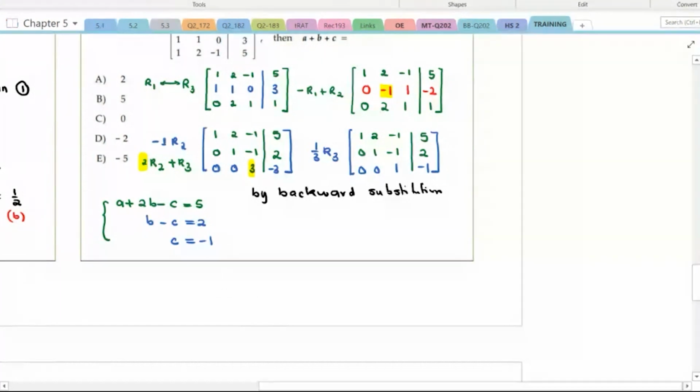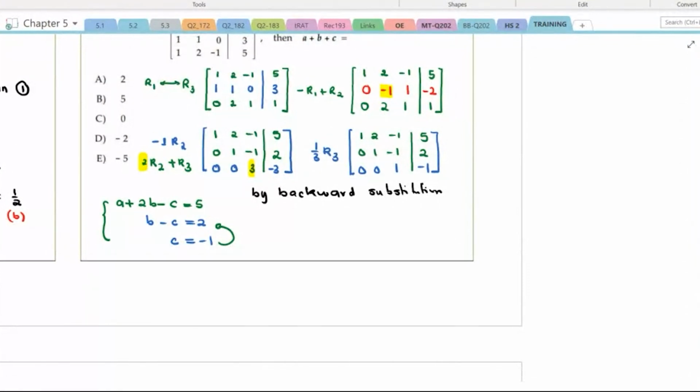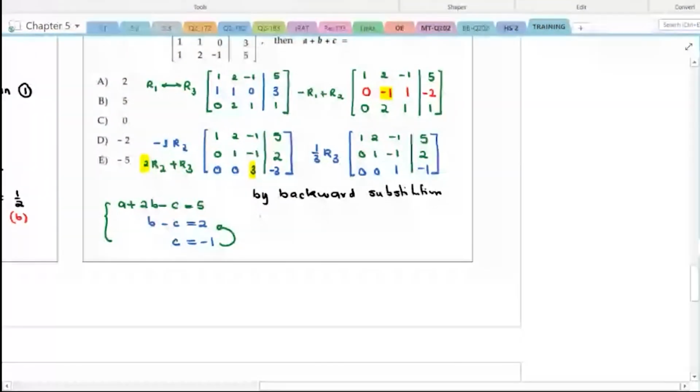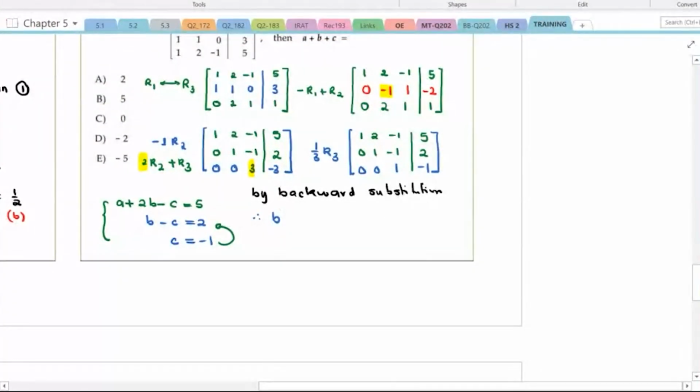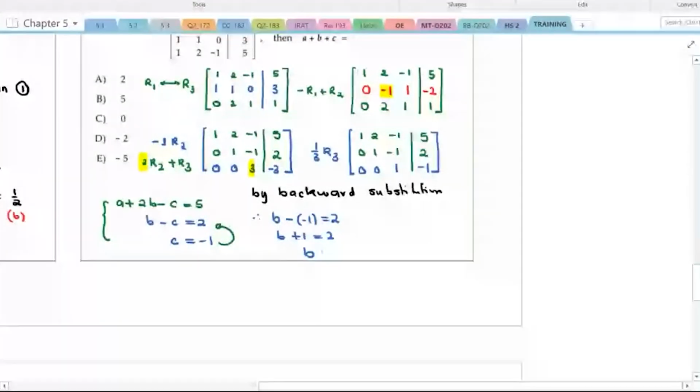I am going to substitute this c equal to minus 1 in the second equation. So what do we get? Therefore, we have b minus c, so minus minus 1, that is going to be plus 1, and that is equal to 2. So what does it mean? It means b plus 1 is equal to 2, and gentlemen, b is equal to 1.